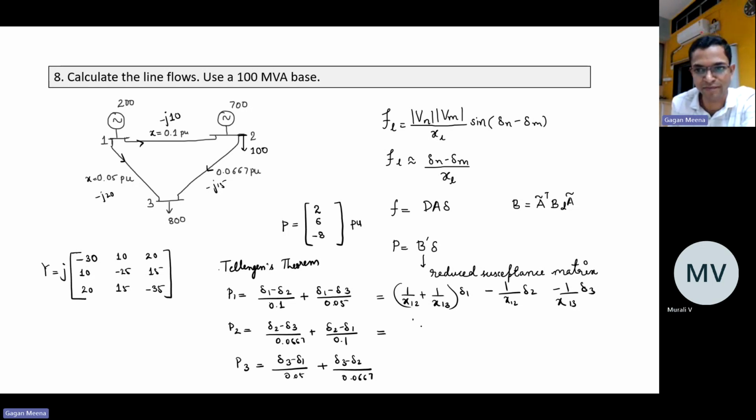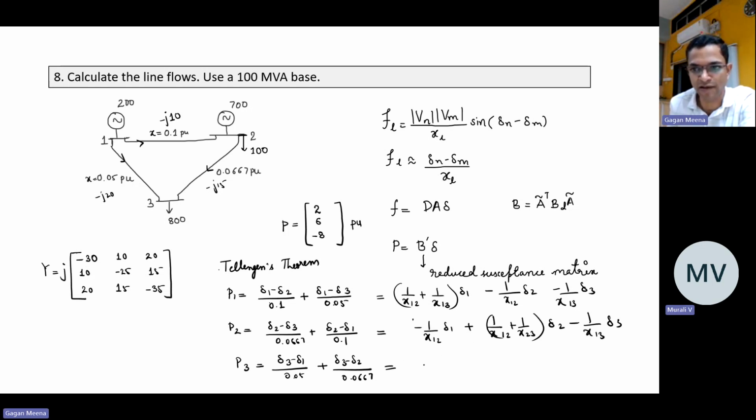And this will be minus 1 by x12 delta 1, plus 1 by x12 plus 1 by x23, delta 2, minus 1 by x23 delta 3.